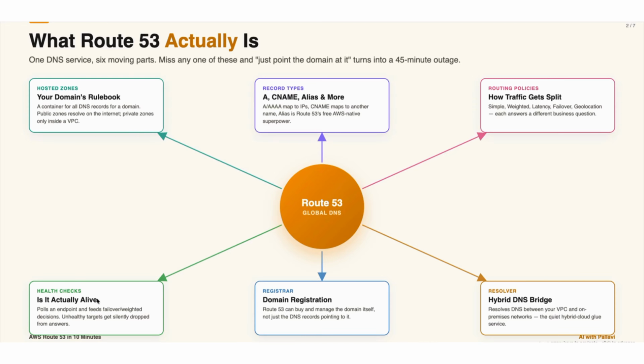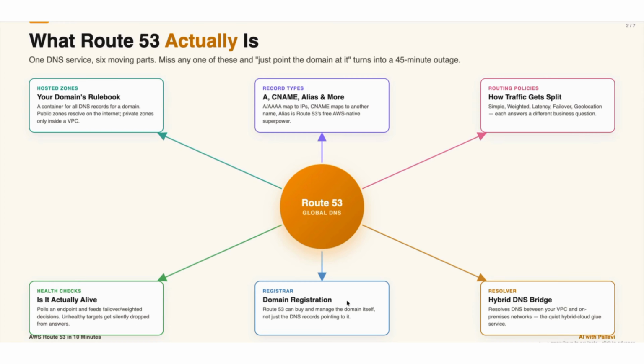Then routing policies. Let's say if you have multiple DNS name servers, you try to send traffic from one to the other. There are traffic policies like simple, weighted, latency, failover, geolocation. Each answers a different business question altogether. Then health checks. It also provides health checks because it manages the name servers for you.